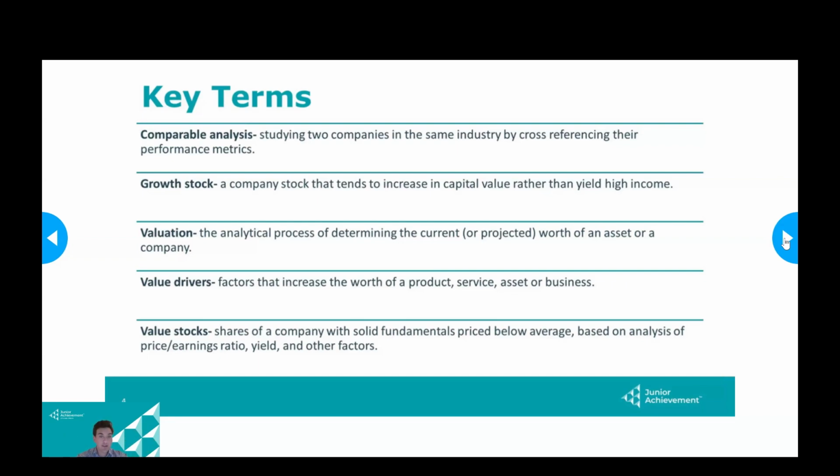The second is a growth stock. A growth stock, like I said earlier, like Tesla or Nvidia, is a stock that is not going to pay dividends, but is going to be a very high value stock. It's not a value stock, but it tends to increase its capital value rather than yield a high income.